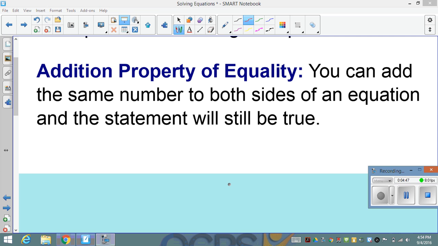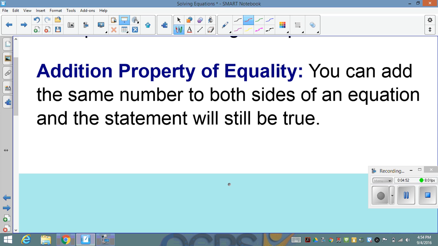So for example, let's just go super simple. 3 equals 3, which we all agree. If I add the same number to both sides, it stays true. That's all we're saying. Okay? So if 3 equals 3, then 3 plus 4 equals 3 plus 4. All I'm doing is adding 4 to both sides. Now, obviously, we're going to do this with equations with variables in it, but that concept is staying the same.